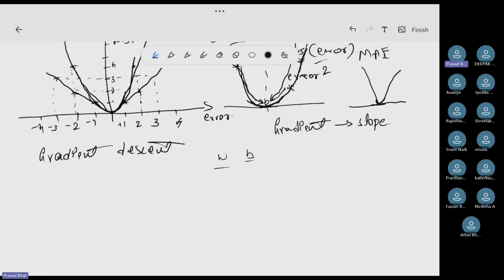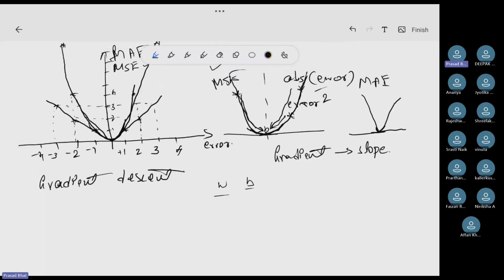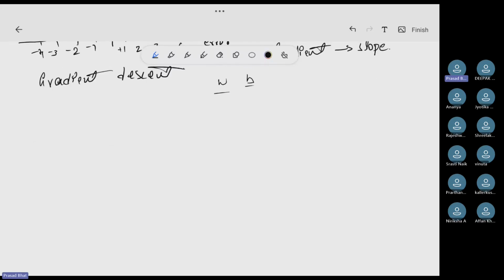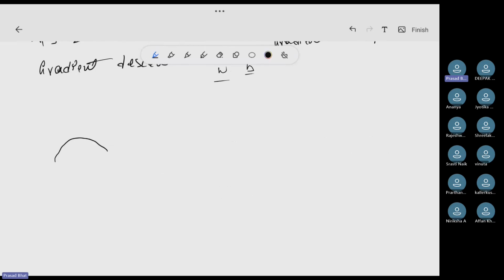Now let me give you one more concept here. Let me draw a separate curve. Let's take this point and this point, and also this point. These two are relevant for us because our curve looks like a parabola.